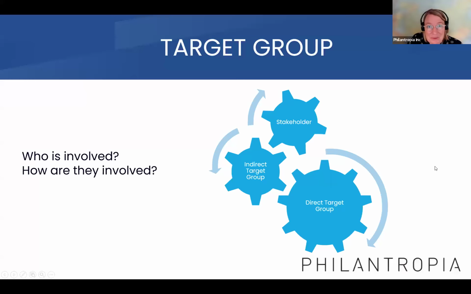Looking at the target group, we have three different groups here. Stakeholders are people that are involved with your project or that have any stake in it, that could have any influence in the community. They don't need to be directly involved.